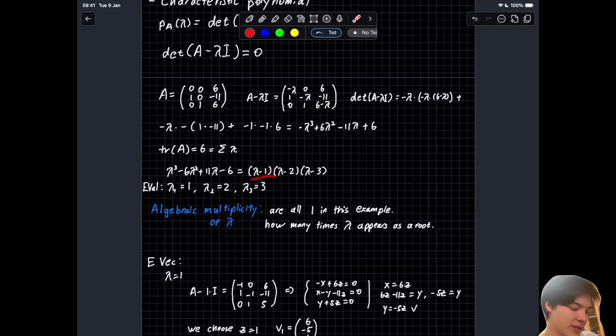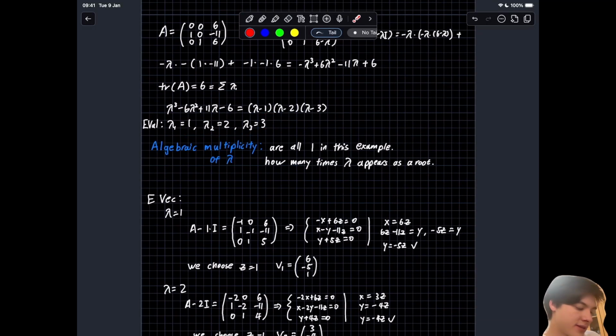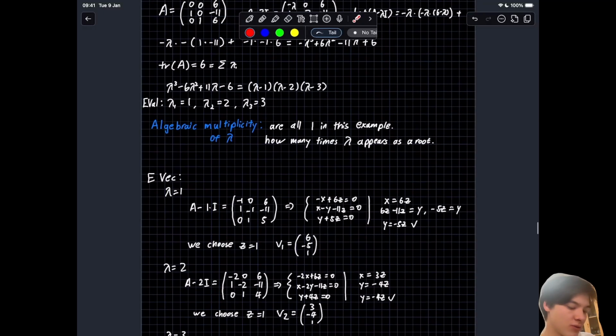So we see we have eigenvalues of 1, 2, and 3, and there's an algebraic multiplicity. That means how often does an eigenvalue appear, and in this case all 3 of them only appear once. For example, if the eigenvalue 2 would appear twice, then it has an algebraic multiplicity of 2.